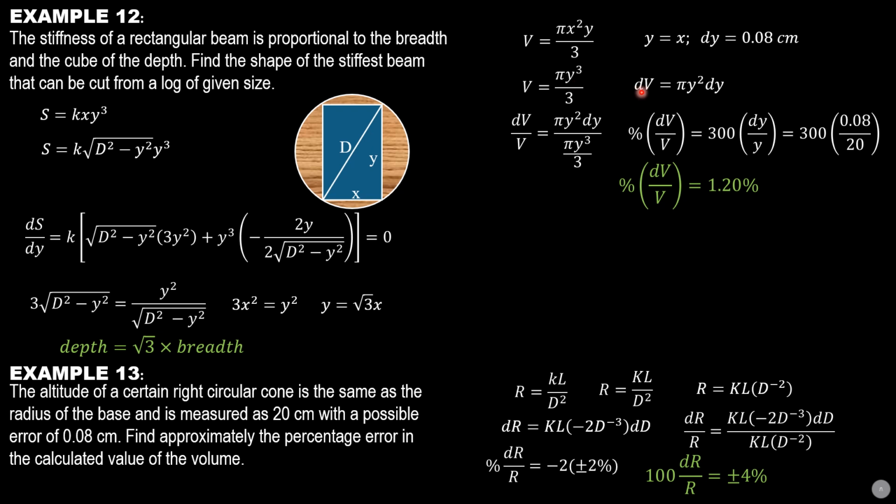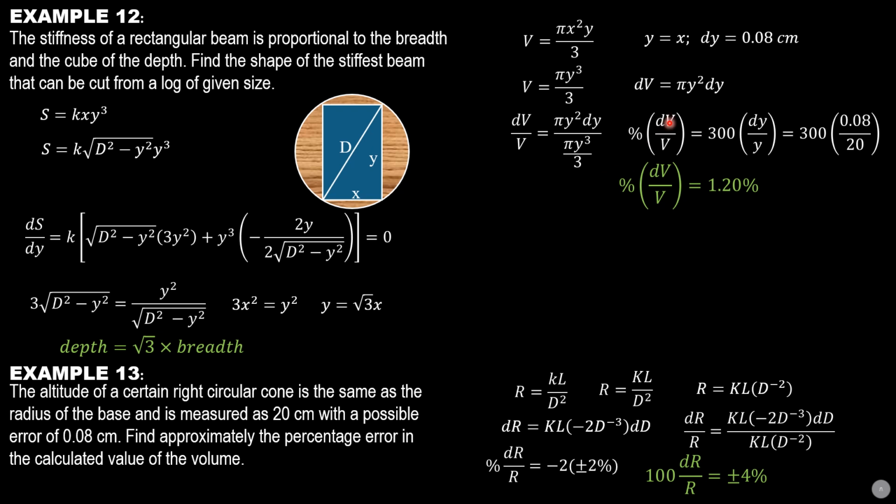Obtaining the differential, so differential of V, dV, differential of the right side is pi over 3 times 3y squared dy, cancel 3, so pi y squared dy. So dV over V, pi y squared dy over pi y cubed over 3 reduces to 3 times dy over y.